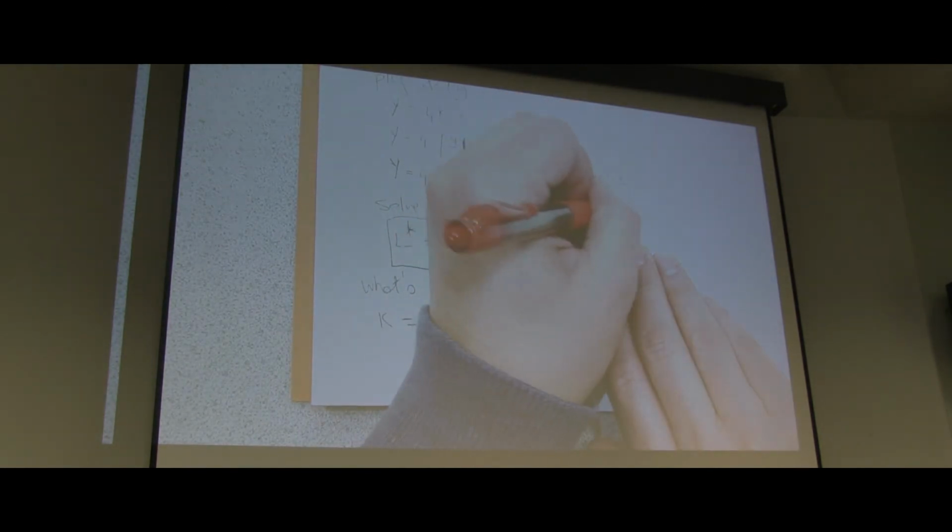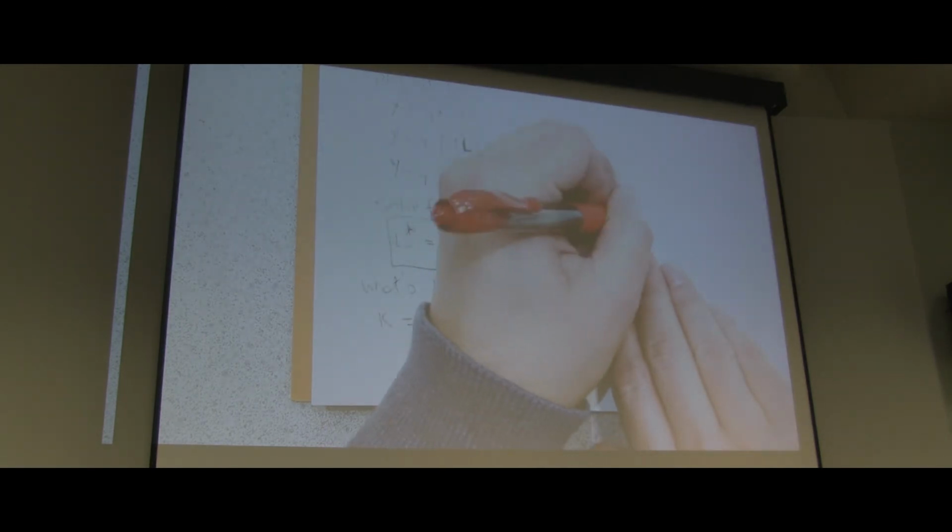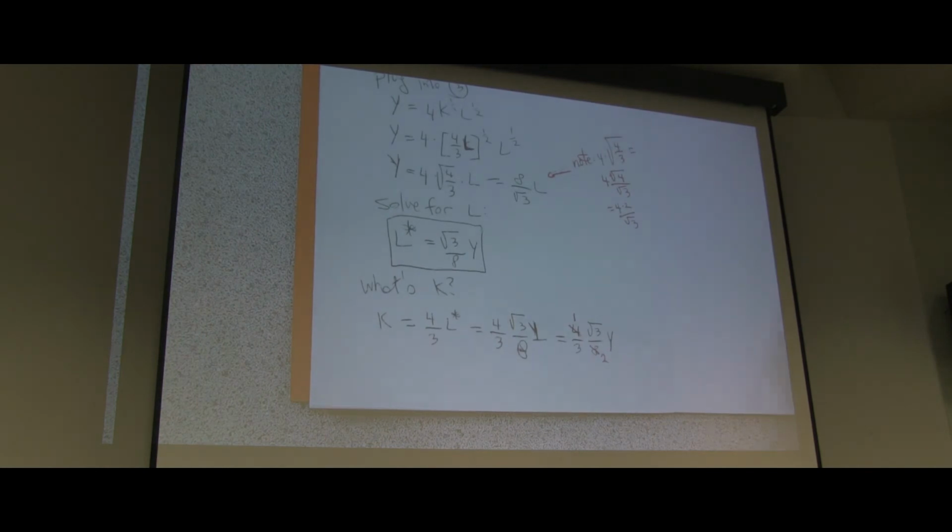And that is equal to 4 times, the square root of 4 is 2, divided by the square root of 3. You don't have to do that. Sometimes it's just helpful to simplify things, but you could have just left it like that and it would be totally fine.